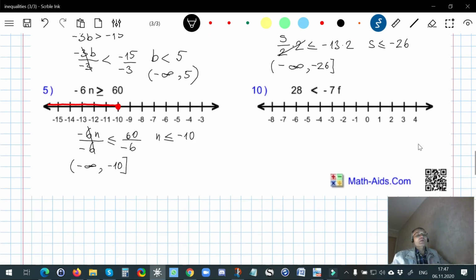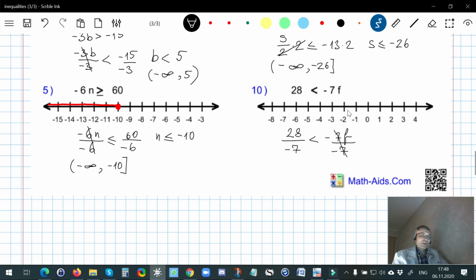The last one again reminds us of the necessity to flip the sign of our inequality in case we divide or multiply by a negative quantity. So in this case we have to divide, of course, to isolate f, and we get 28 divided by negative 7 is less than negative 7f divided by negative 7.